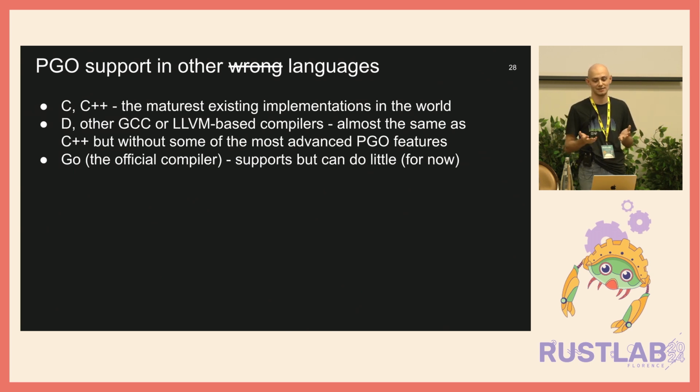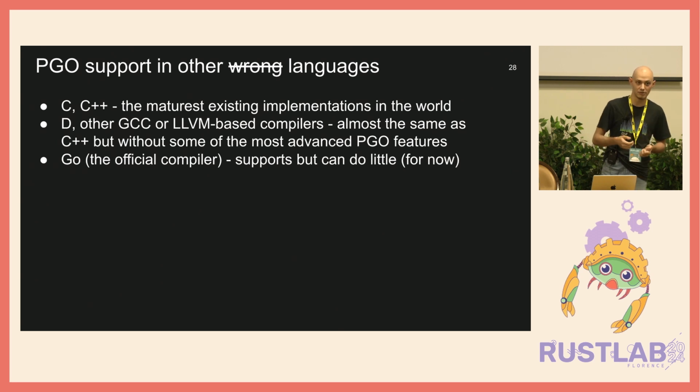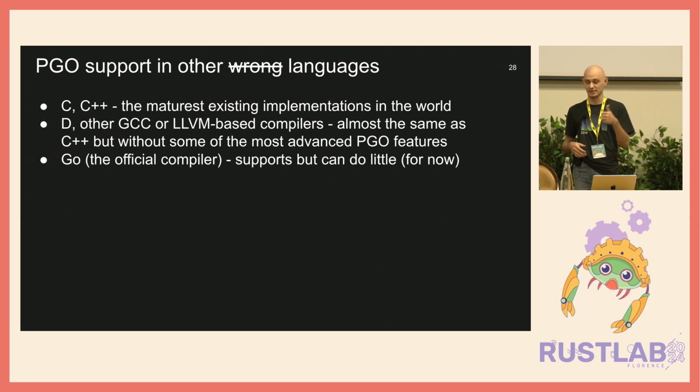Since the implementation is pretty new, it cannot do much. It can, for now, do PGO-optimized inlining, devirtualization, and something else. It's not as mature as C++, but Google knows how to implement PGO, and hopefully it will be improved, because they care about Go performance as well.